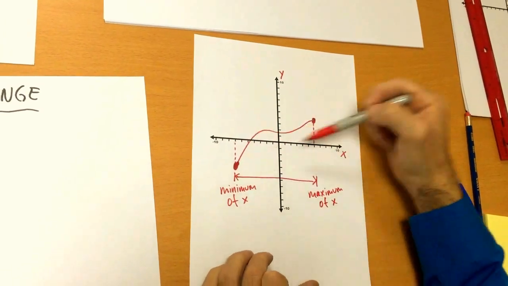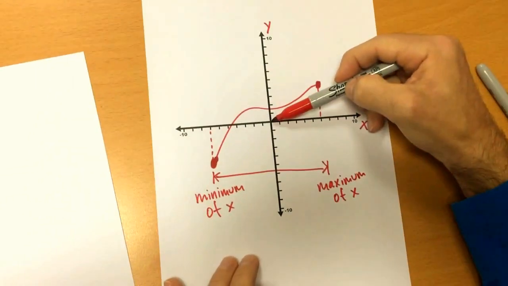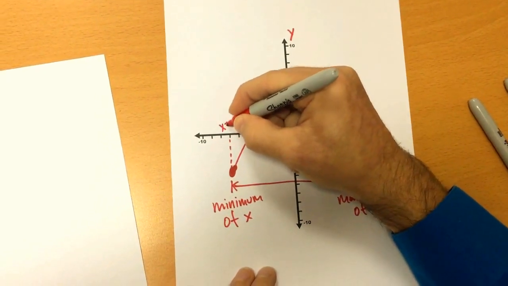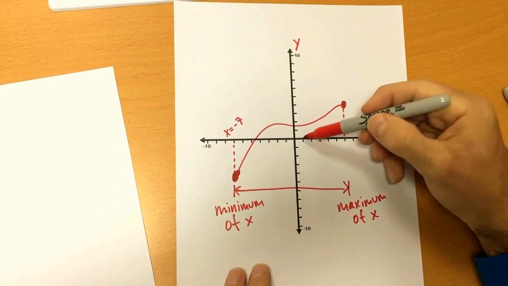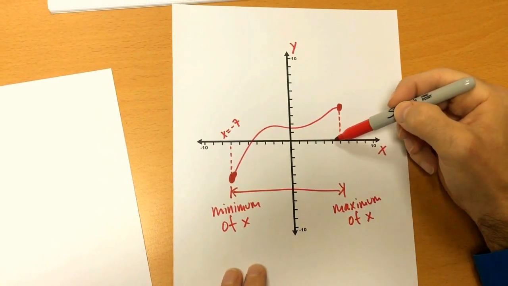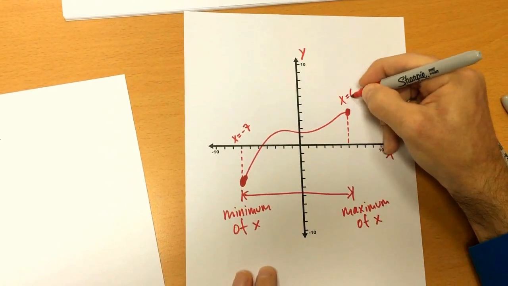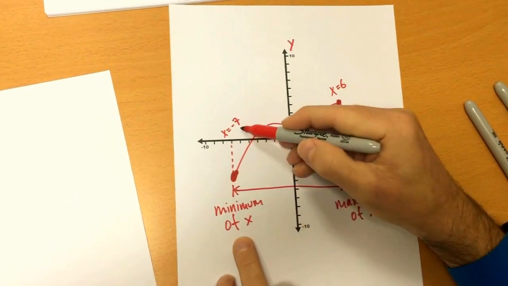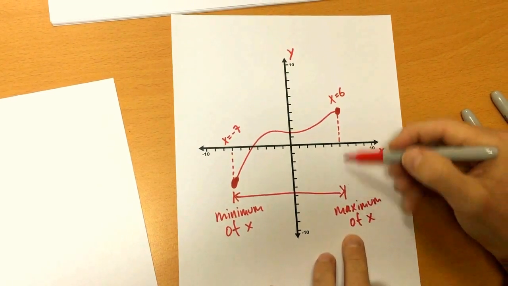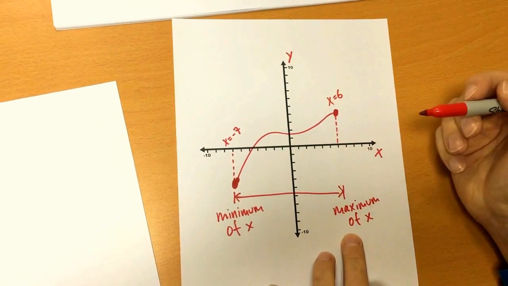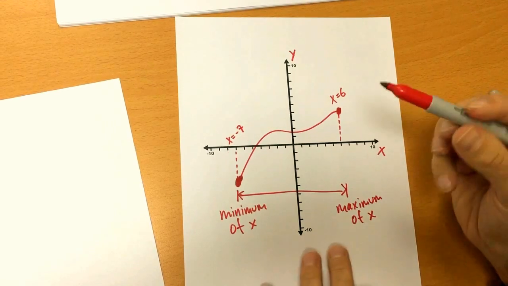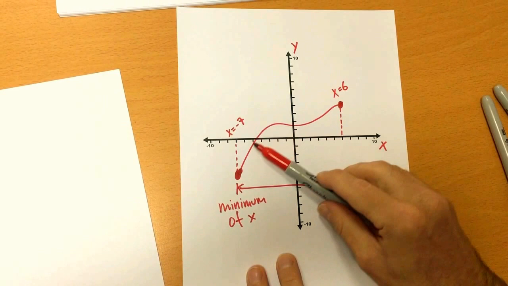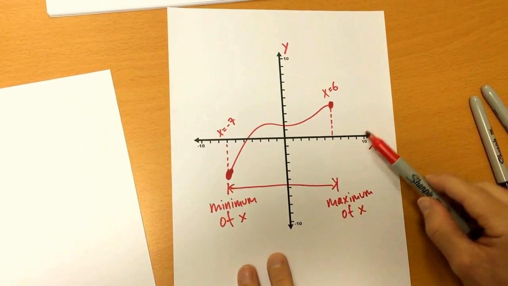Because this is a graded coordinate system, here we have x equal to -7. Here we have x equal to 1, 2, 3, 4, 5, 6. This will be x equal to 6, okay? So the minimum of x in this case will be -7. The maximum of x is positive 6. Sorry, 6, yeah.